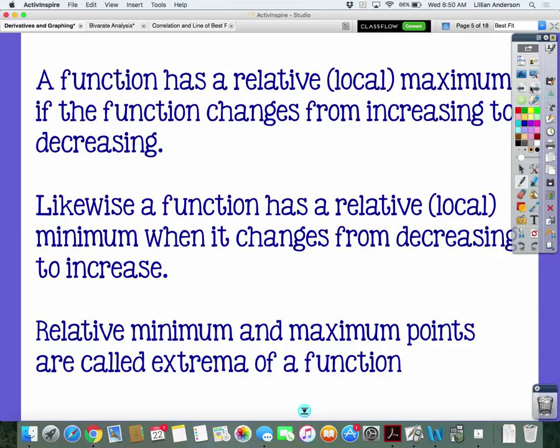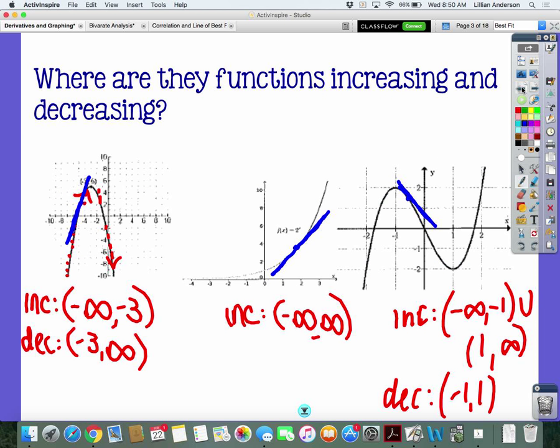So if we're going from increasing to decreasing, or decreasing to increasing, we'll have a max or a min, respectively. If you take a look at those examples from before, where the graph was going from increasing to decreasing, isn't this a maximum point? Yes, it is. And here, since it's increasing the entire time, is there any extrema?